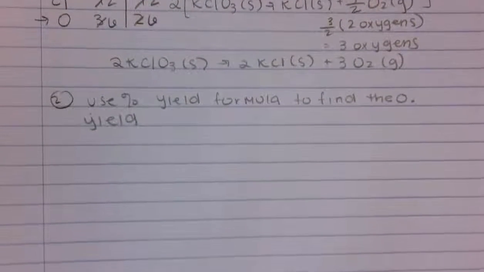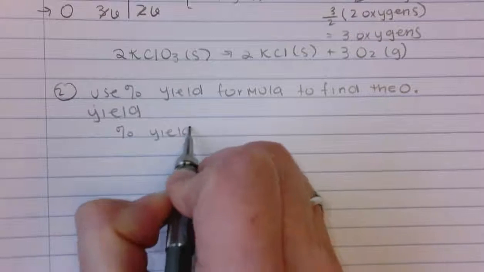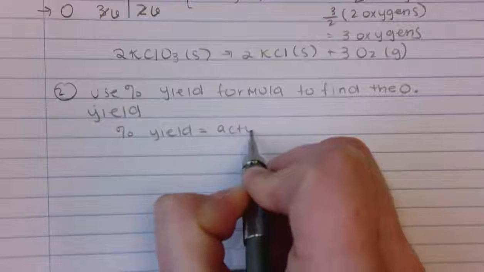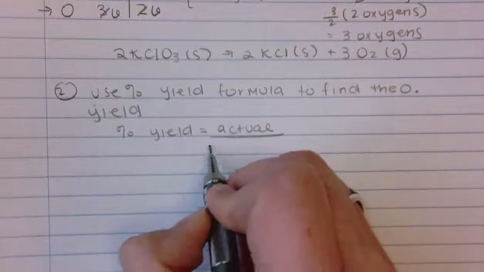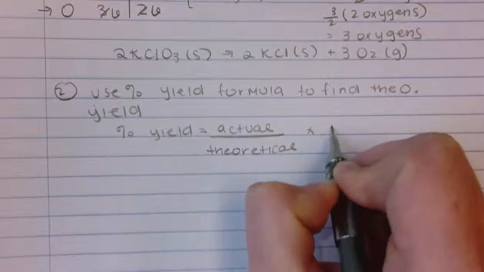So we can just remind ourselves what the percent yield formula is, which is the actual amount we produced over the theoretical amount we could have produced, times 100.